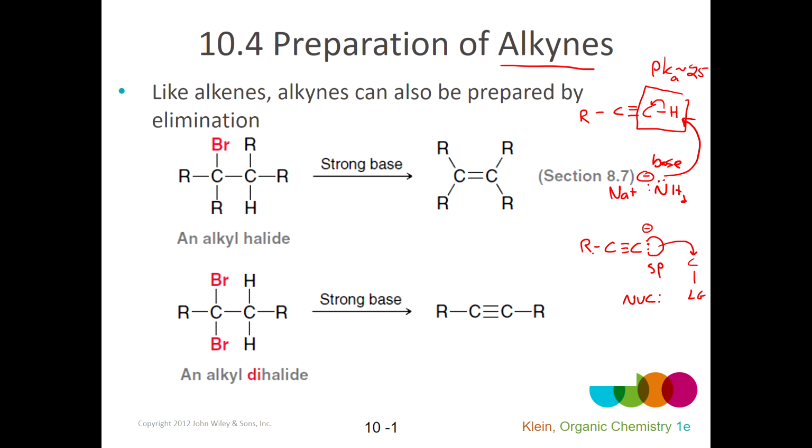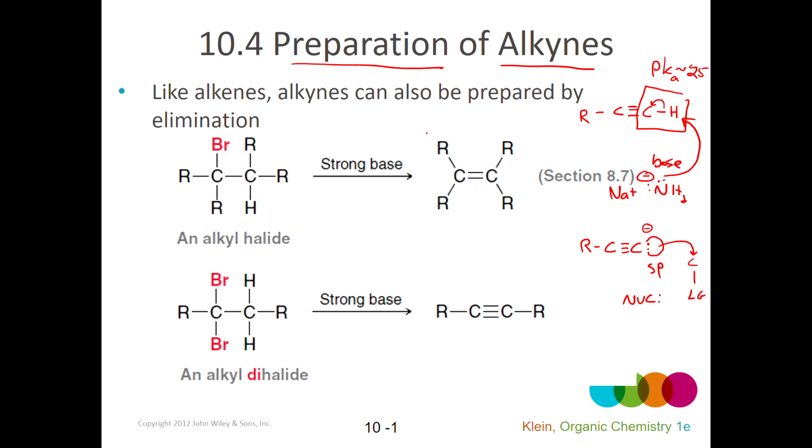But first we want to talk a little bit about how to make alkynes. So we know if we have a terminal alkyne, we can make it into a nucleophile, but how do we make alkynes in general? The only way that you have to know to make alkynes for this semester is through an elimination reaction.